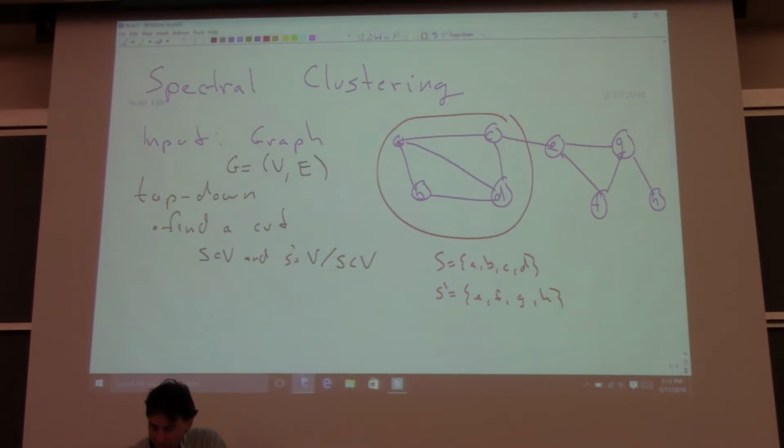So the subgraph of S is the graph induced by S. This is going to be the set S, and then all the edges that are between two vertices in S. The set of edges is going to be something like: there's an edge AB.